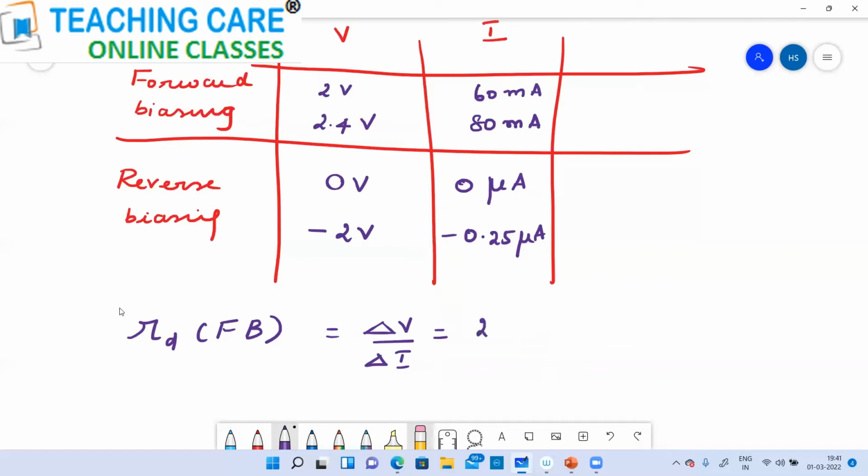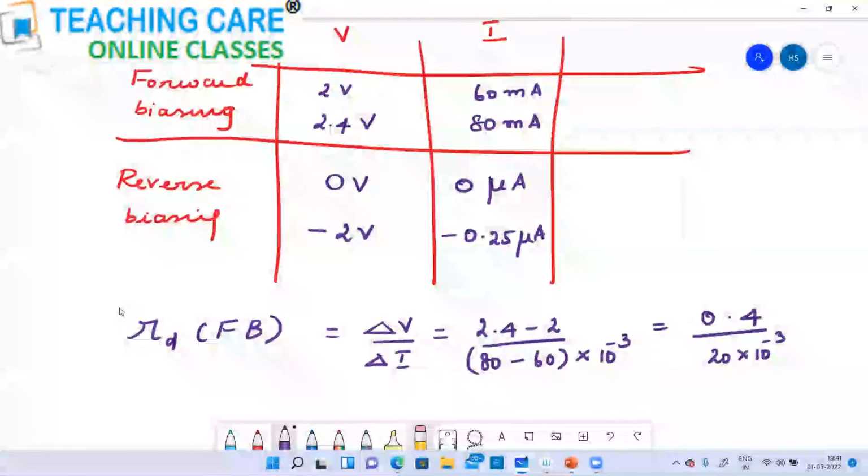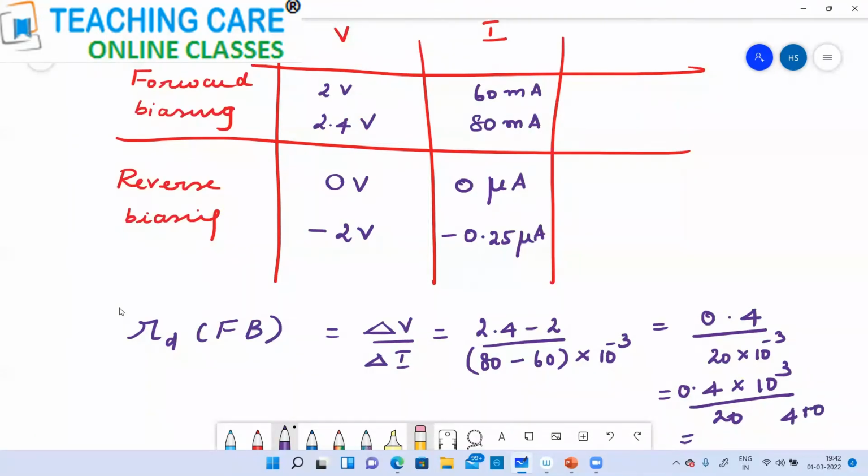So this is 2.4 minus 2 divided by 80 minus 60 milli, then 10 power minus 3. Oh, okay, sorry. If I am taking there, it will be plus 3. So 0.4 into 10 raised to the power 3 divided by 20. What's the answer? 400 by 20, isn't it? 20 ohm.